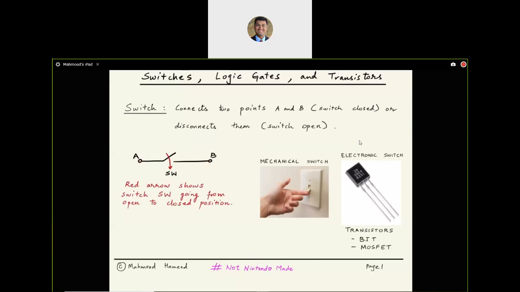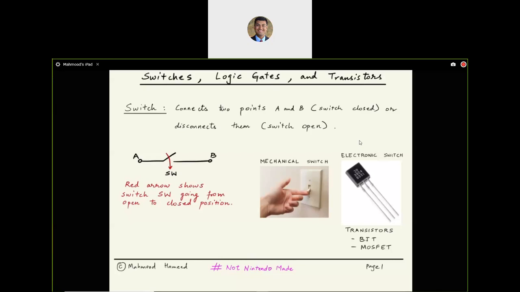Or the switch could be closed, which means that the arrow is pointing down, indicating that it actually connects to the other end. And when it happens, the switch is considered to be closed, and now we have a connection between A and B, current can flow. So those are going to be the two switching states. Switch is closed, sorry, so switch is open.